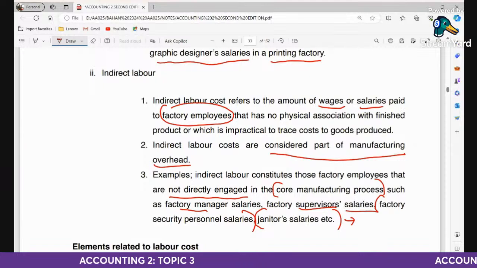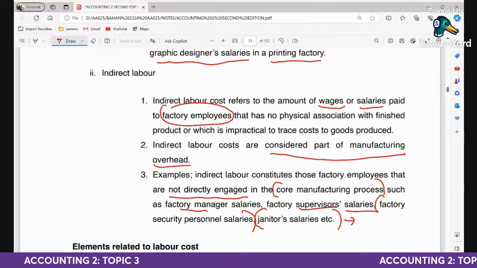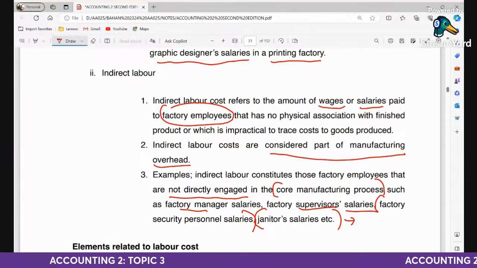Whereas for those who are still working in the factory, tapi tidak ada kaitan secara langsung dengan barang. Maksudnya dia tak pegang langsung barang tu untuk convert dari bahan mentah menjadi barang siap. So mereka ni dibayar gaji, dibayar upah, tapi mereka adalah indirect labor. So the cost that is paid to them is considered indirect labor cost.